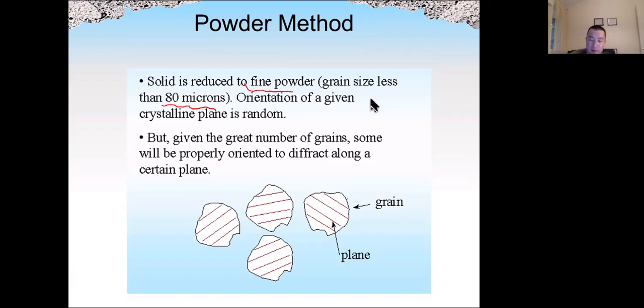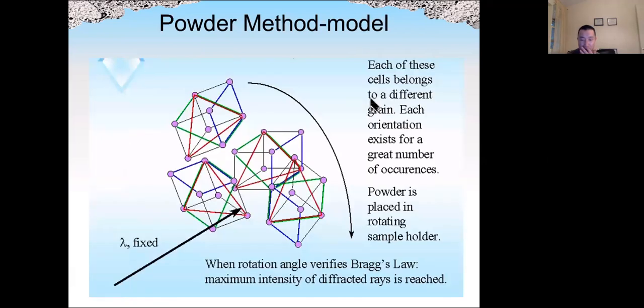Given the great number of grains, some will be properly oriented to diffract along a certain plane, such as this. We have so many particles, and lambda is fixed, as we only have one source of X-ray.